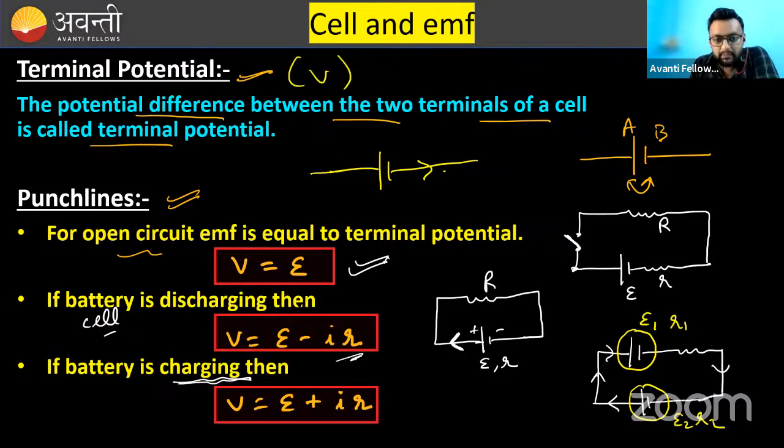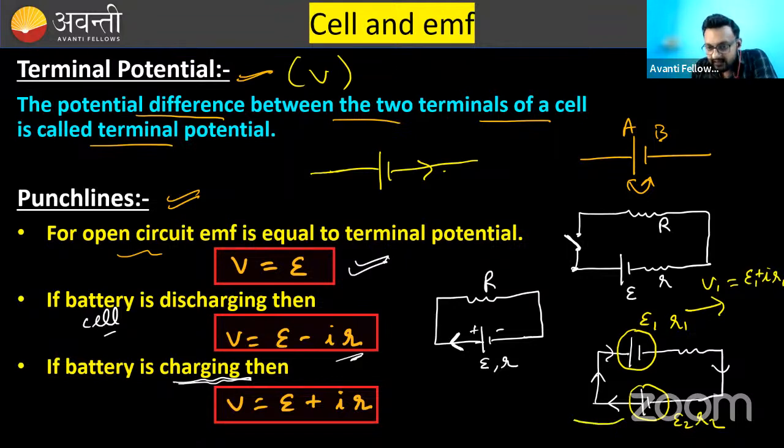Terminal potential is represented by V. So how can you write terminal potential for this cell? For this cell, which is charging, you should write V1 equals E1 plus IR1.